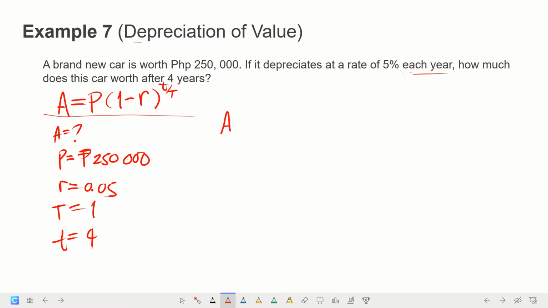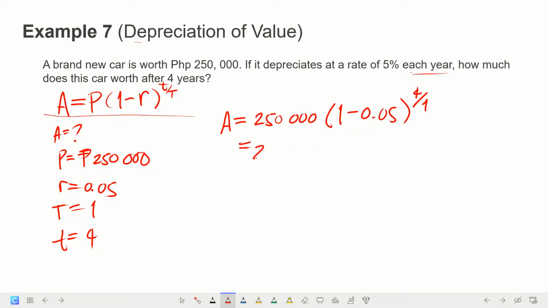Let us substitute the given into our equation. We have P is equal to 250,000 times 1 minus the rate, which is 0.05, raised to t, the time interval, which is 4, and our unit of time is 1 year.